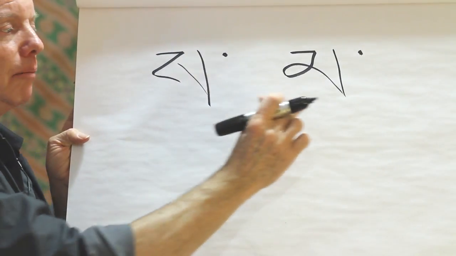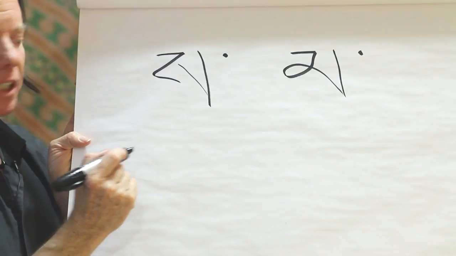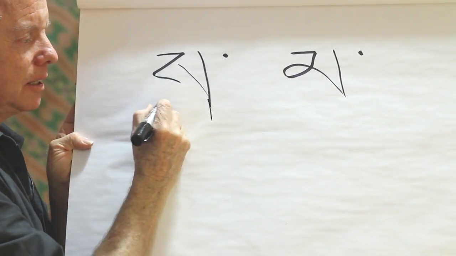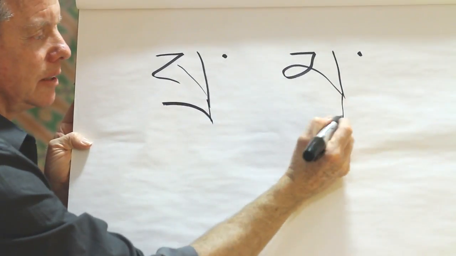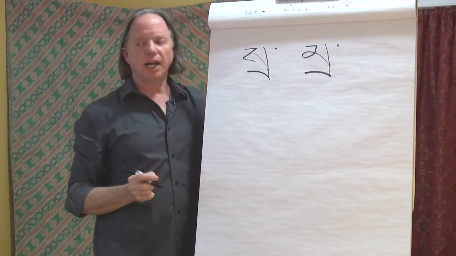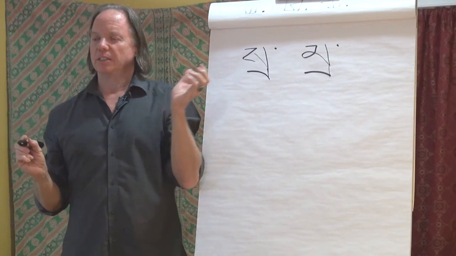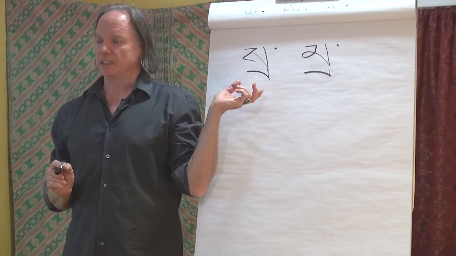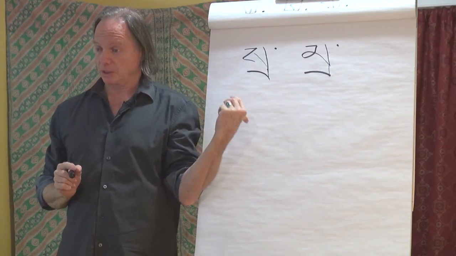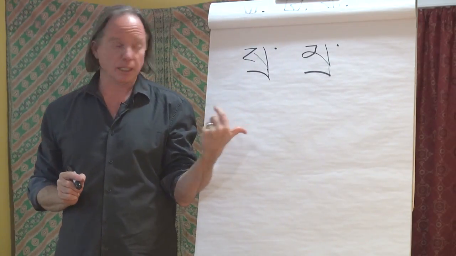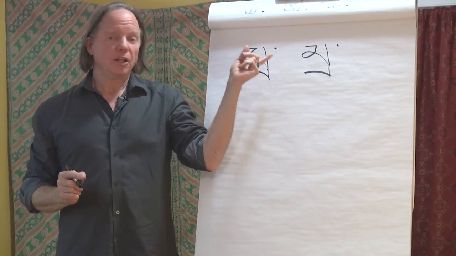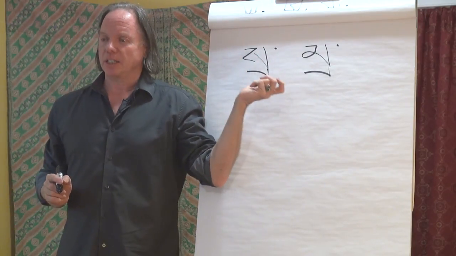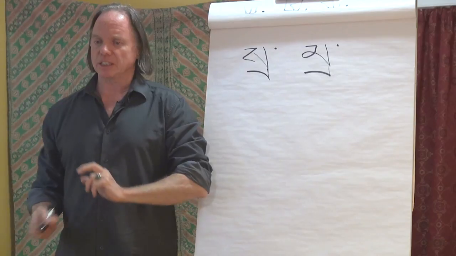Sa, ma. Both can take a ratak. You have to add an extender, and you add the ratak to them. Okay? Now, the exception is, these are the only two other letters that take a ratak, aside from those six we talked about already, that I can remember right now. The ratak on these two letters has no effect on the pronunciation at all.